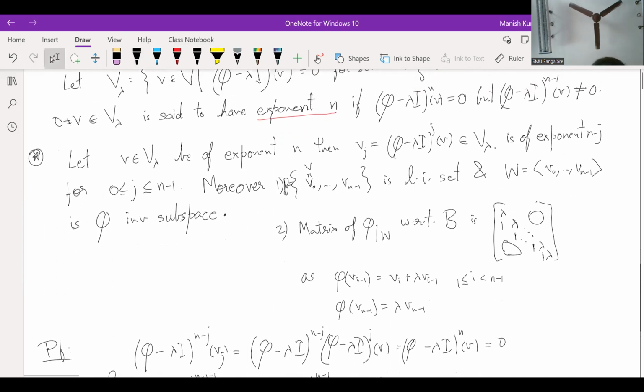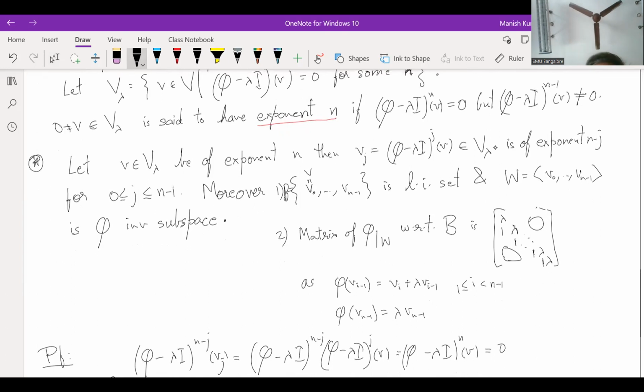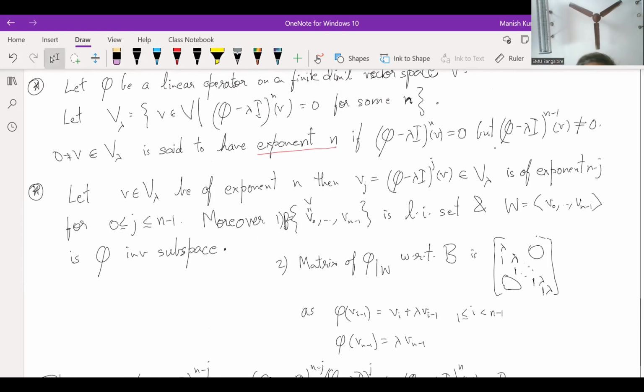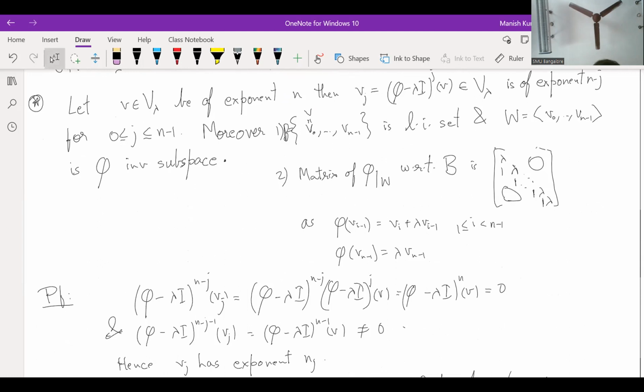So first, it is clear that Vj is a generalized eigenvector, and let's see that its exponent is also n minus j. This is just one line. If you apply phi minus lambda I power n minus j to Vj, well, Vj is phi minus lambda I power j of v. So if you multiply this through, you get phi minus lambda I power n v is 0.